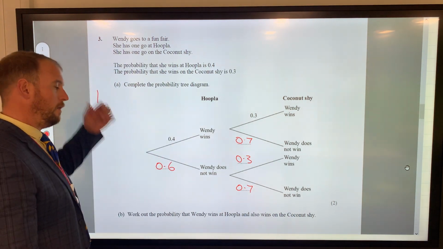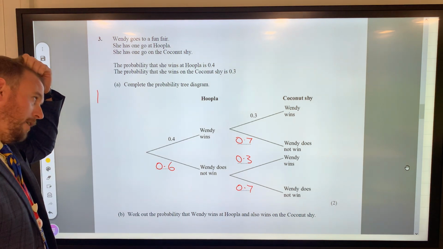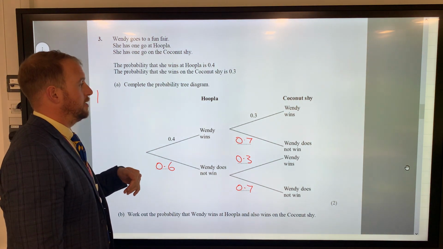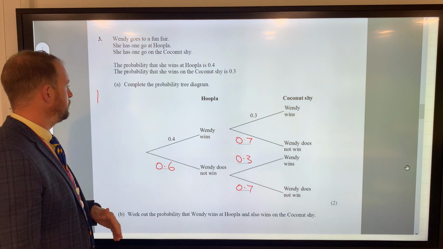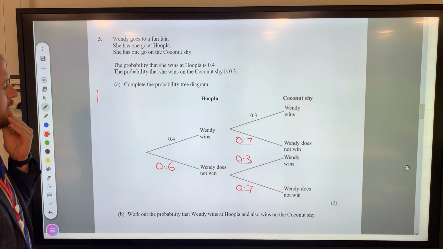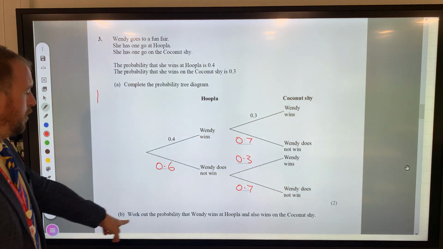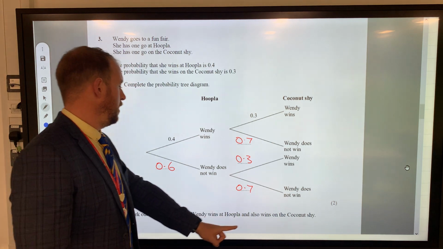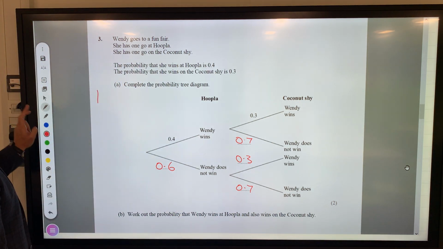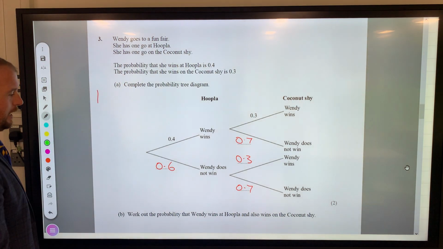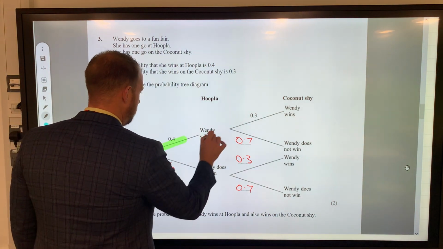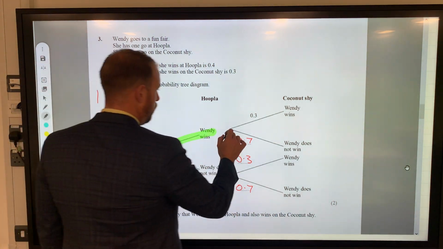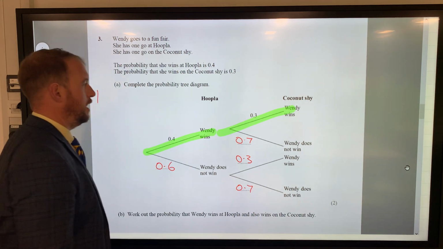Some of you might look at that and go, oh, well, decimal seems to be a little bit easier. Some people prefer using decimals to fractions, and some people prefer fractions. But work out the probability that Wendy wins at hoopla and also wins at coconut shy. So, highlighter, wins at hoopla and wins at coconut shy.